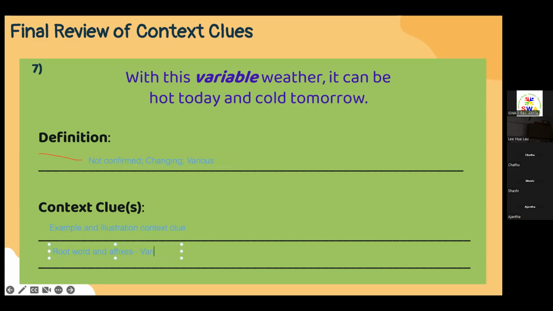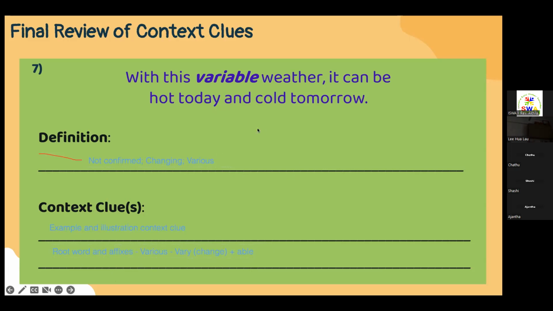The root word of various is vary, V-A-R-Y, which means change. So once you put these two things together, vary and able, it becomes variable. It also means changeable. So changing is also the correct answer.